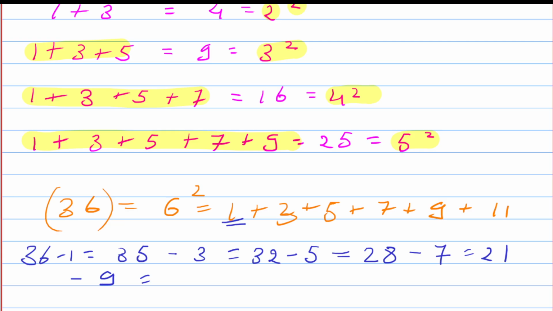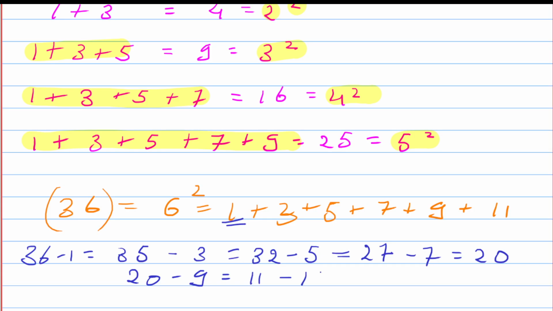I think I made a mistake probably somewhere over here. This should be 27. Yeah, 27. 27 minus 7 is 20. 20 minus 9 is 11.